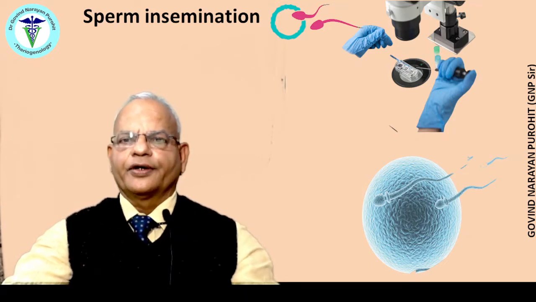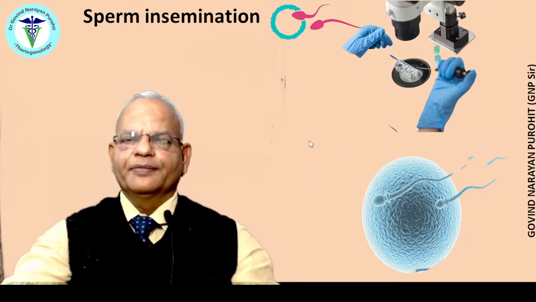For the oocytes which are kept in 100 microliter droplets, you take out around 80 microliter of the medium and introduce the sperm suspension, 80 microliter. Now you have inseminated, or rather you have introduced the spermatozoa inside the medium in which the oocytes are kept.